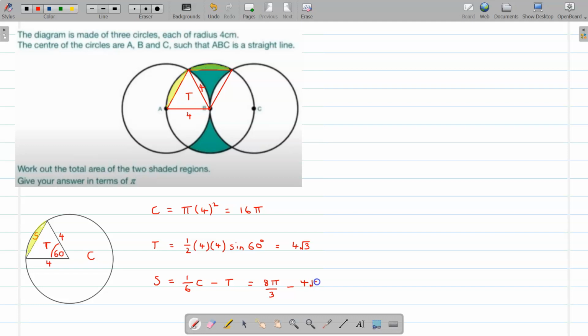So that expression there, 8 pi over 3 minus 4 root 3, is the same as the area of that little yellow piece there, which I've called S. So that's one result. That's the triangle and that's the circle.